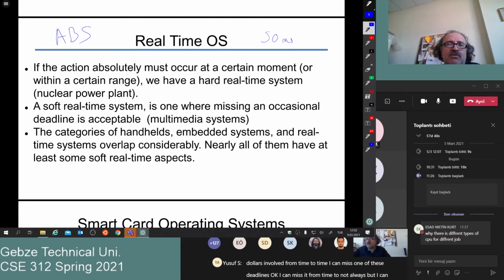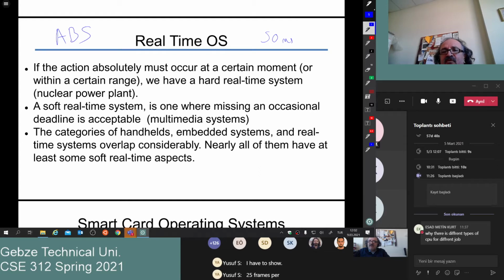In that case, it is called a soft real-time system. Multimedia systems say that, okay, I have to show 25 frames per second for a smooth video.